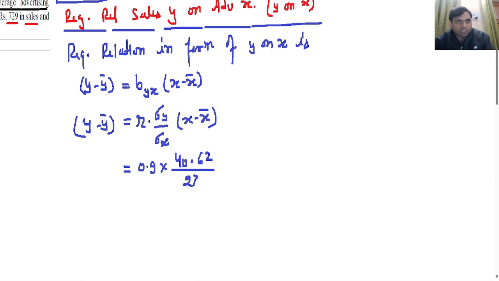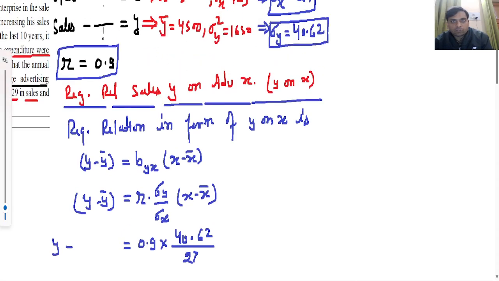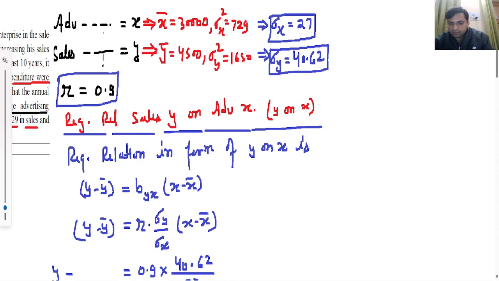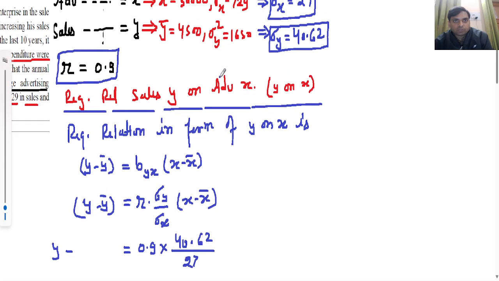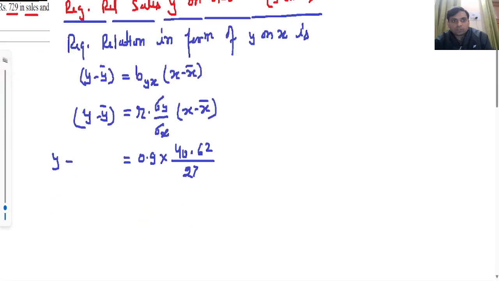And the value of y bar is also given. The value of y bar is 45,000. This is not 4,500, this is 45,000.